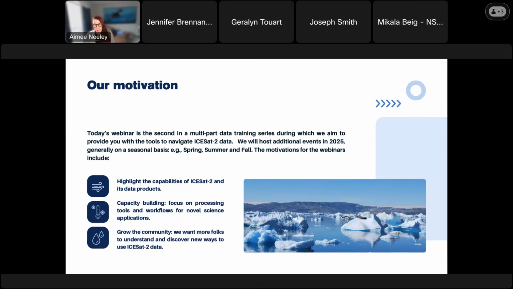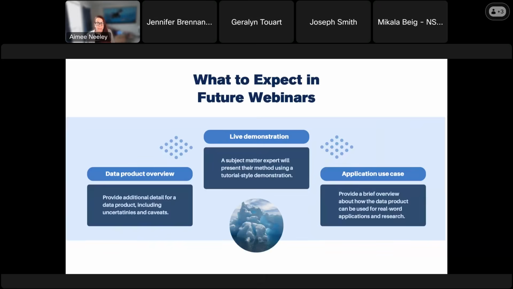So the purpose of these webinars is to highlight the capabilities of ICESat-2 and its data products, to build capacity, so focus on these processing tools and workflows for novel science and applications, and to bring together the community. We want more people to be able to use and understand ICESat-2 data and all that it can do.